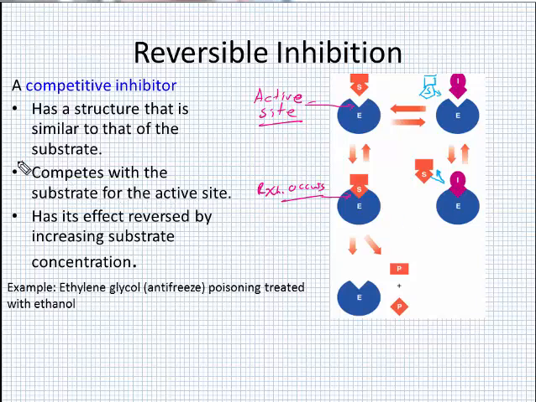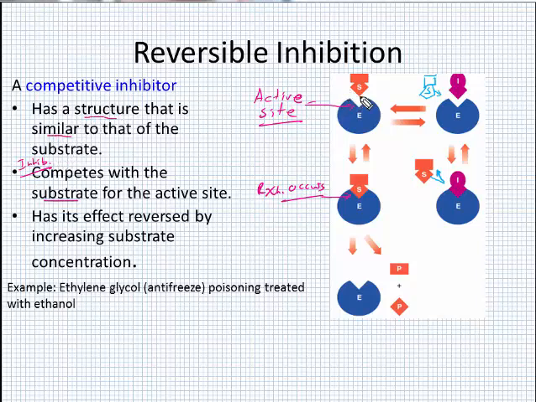So the inhibitor competes with the substrate for the same active site. When that active site is occupied by the inhibitor, the substrate can't bind, and obviously the reaction can't occur. Now, because this inhibitor is binding the same active site, it's generally structurally similar to the substrate.